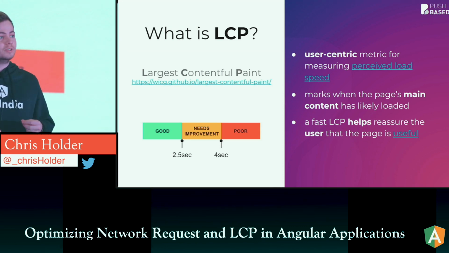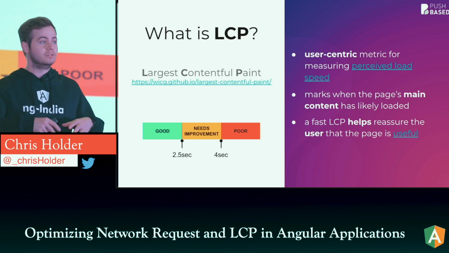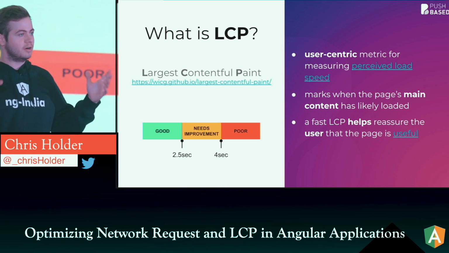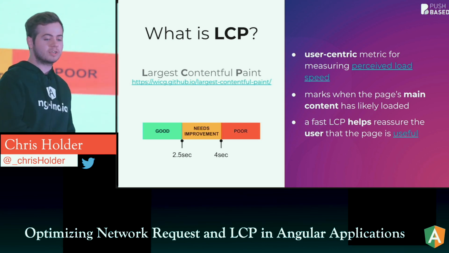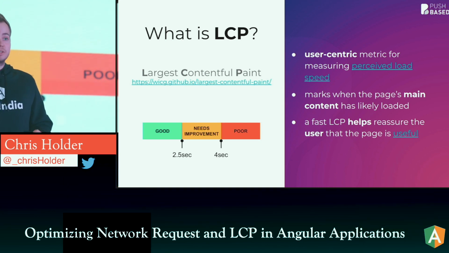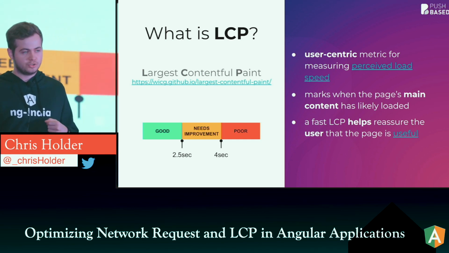Because you see, what it actually is, is an API that will measure every time there is a larger element being rendered on a page, or in the browser, or in the viewport. It'll measure that from the beginning of a navigation to the end of a navigation, or until a user interacts with the page.